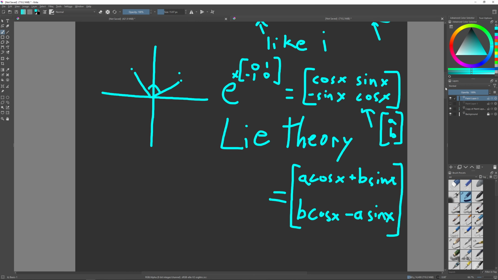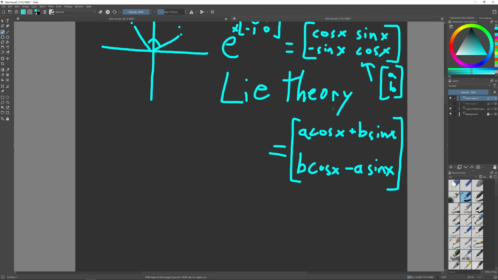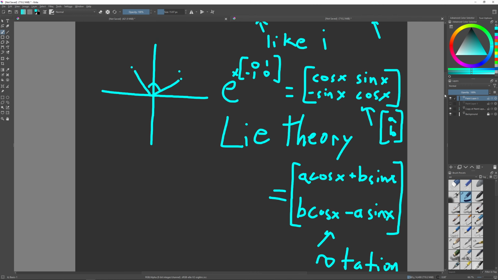And I'm a little tired from making all these videos, but this is rotation. Maybe work out some examples. I'll leave that as an exercise for the viewer if it's unclear that that's rotation.